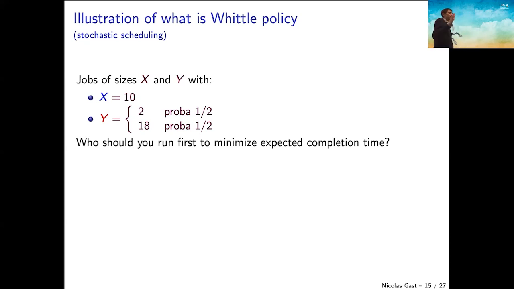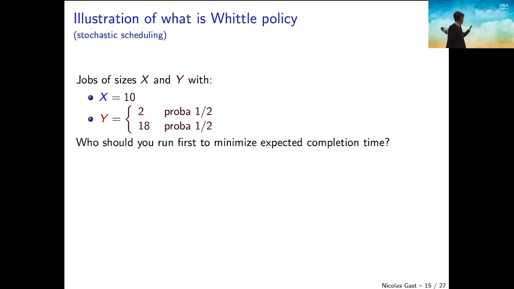Now let's imagine something where one task, X, is of size 10, it takes 10 hours to complete. Another one, Y, is of size 2 with priority 1/2 and 18 with priority 1/2. How do you minimize completion time?